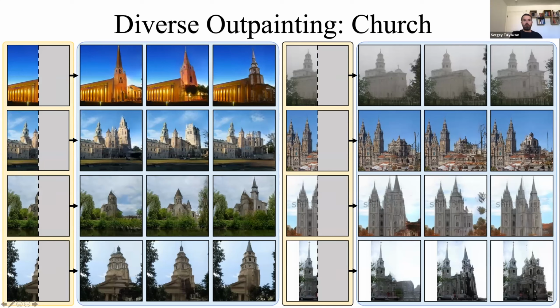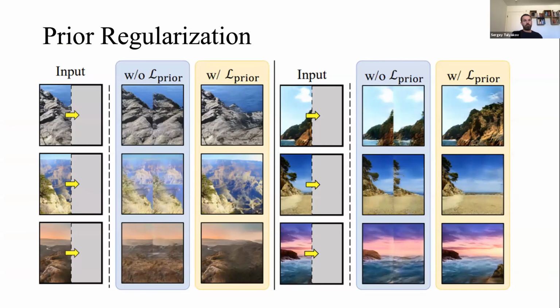And I also would like to show here the importance of prior regularization. If you remember, we have a reconstruction loss to perform the inversion, but if we focus only on the reconstruction loss, the optimization overfits to the reconstruction task, and basically the outpainted regions look like the original input image.